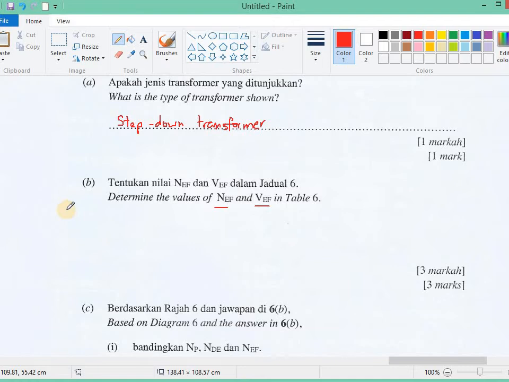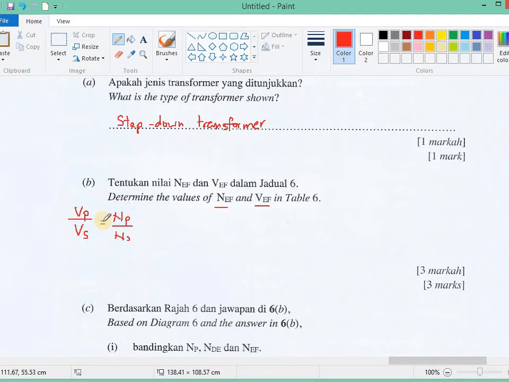We can calculate with voltage in primary over voltage in secondary equals number of turns in primary over number of turns in secondary.